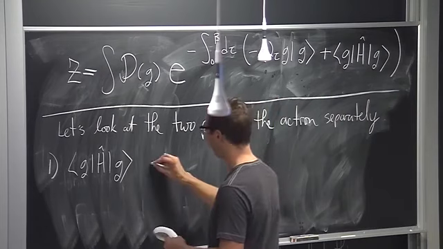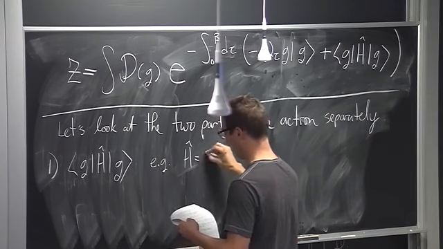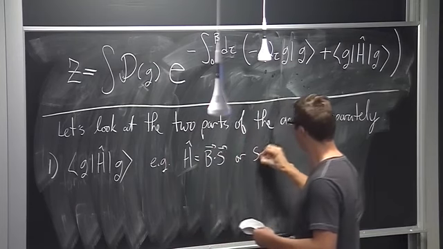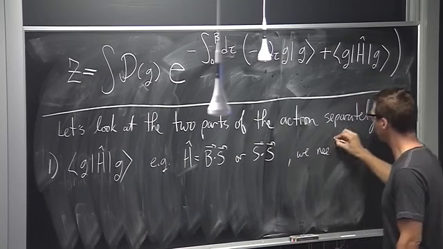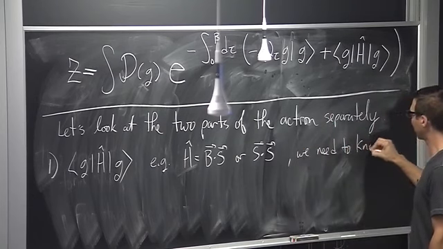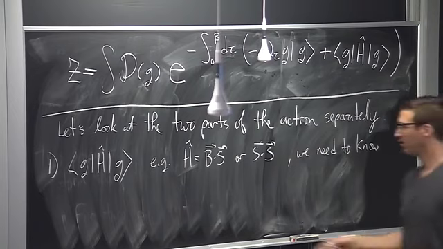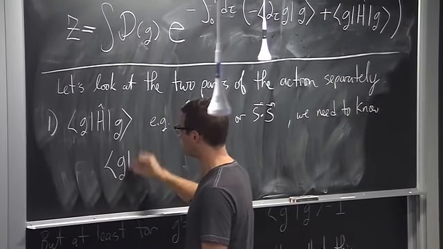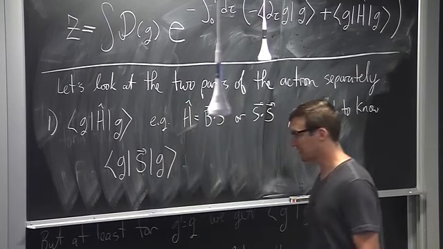So I could have Hamiltonians that look like, I don't know, something with spin operators, like I was saying. But in order to do this, we need to know somehow what the matrix element of the spin operator looks like.